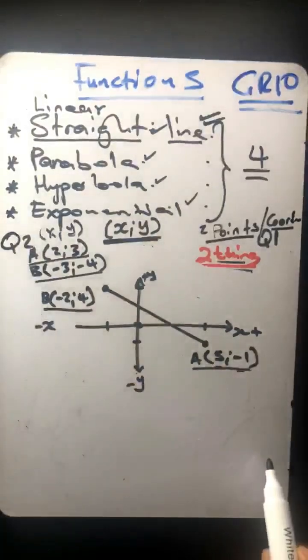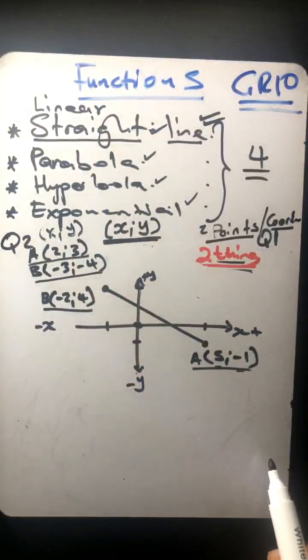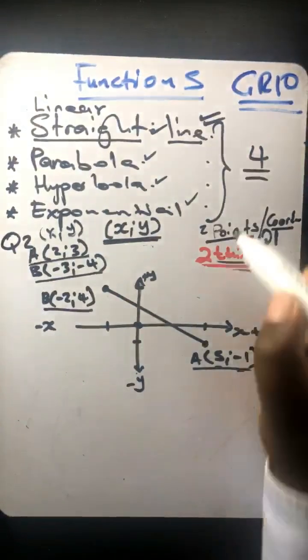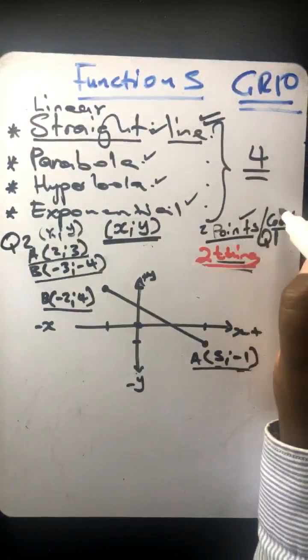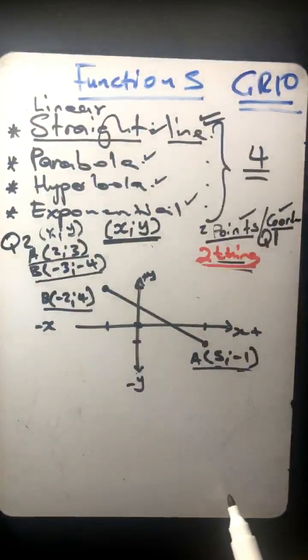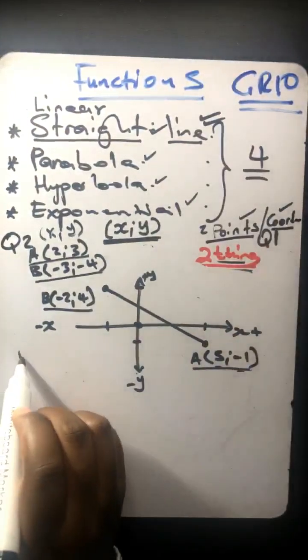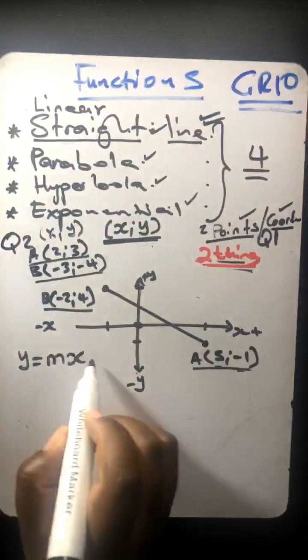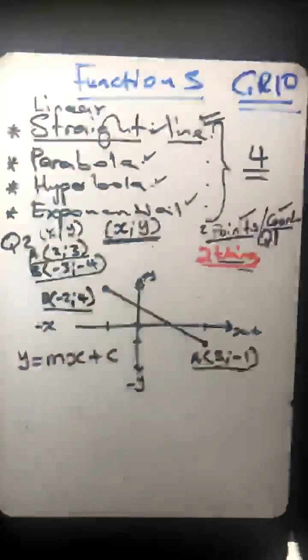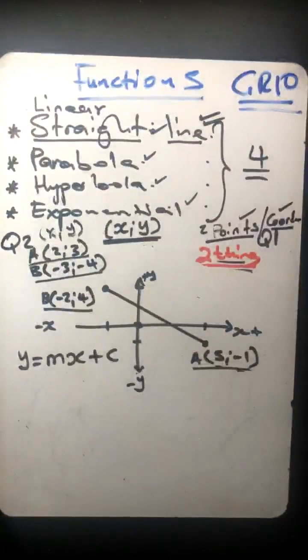But you need to be aware that as far as a straight line is concerned, you are dealing with two things. Those things are what we call the 2 points or 2 coordinates. So we just said the general formula is y is equal to mx plus c.